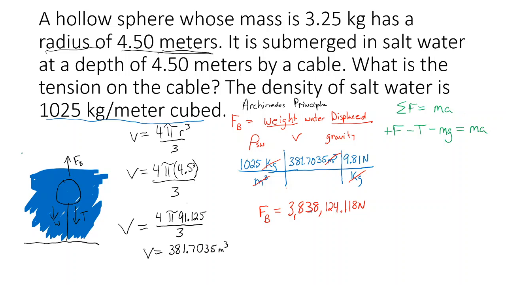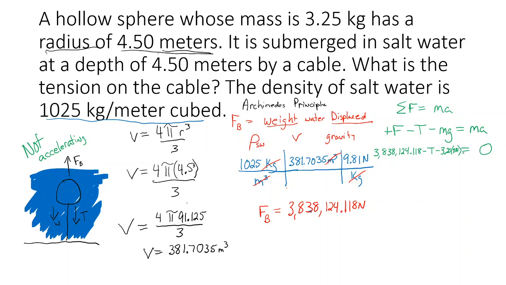This is not accelerating. It's not moving up. It's staying in one position. So we can zero out the right-hand side, and we'll say 3,838,124.118 minus the tension minus the mass, which was 3.25 times the gravity of 9.81.